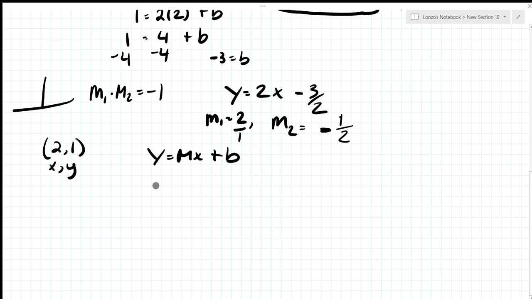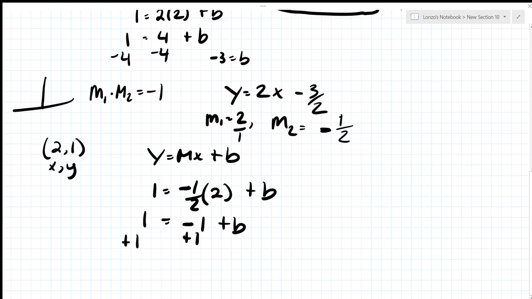So our y is 1, our m is m2, which is negative 1/2, and then our x is 2, plus b. If we simplify this, the 2 cancels, so you're left with negative 1 plus b equals 1. To solve for b, you simply add 1 to both sides. So you get 2 equals b.